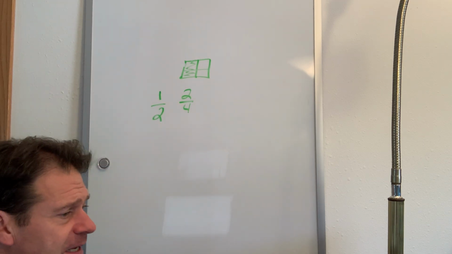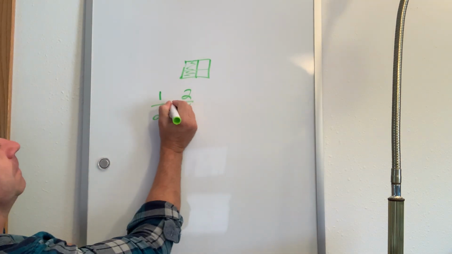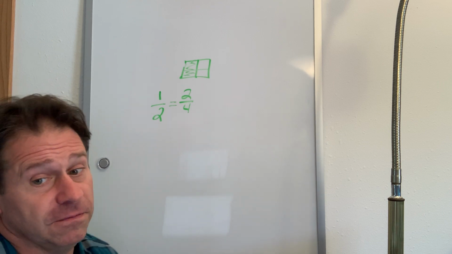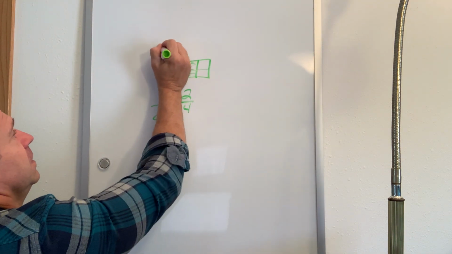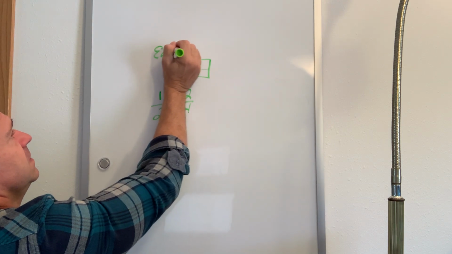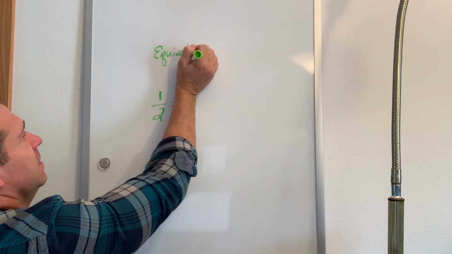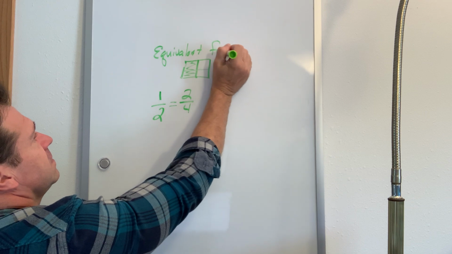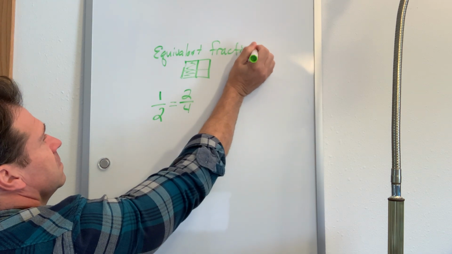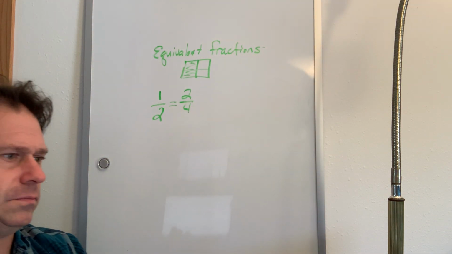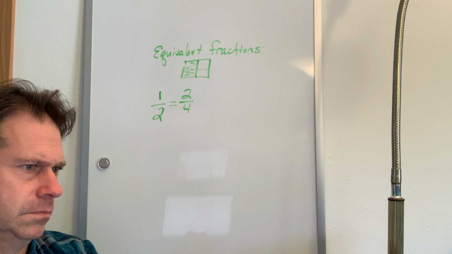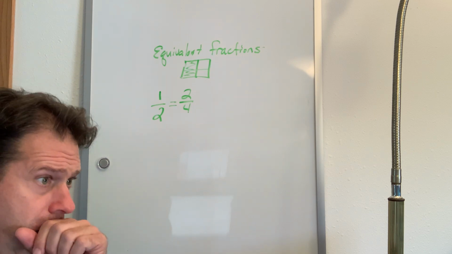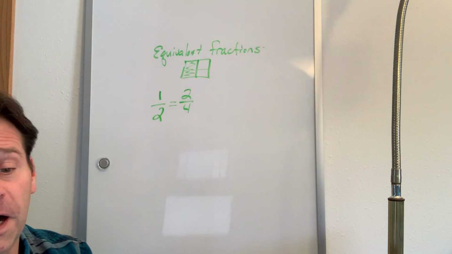And if it takes up the same amount of space, we can call it equivalent. Equivalent is just a fancy term for really they take up the same amount of space. So we call these equivalent fractions.